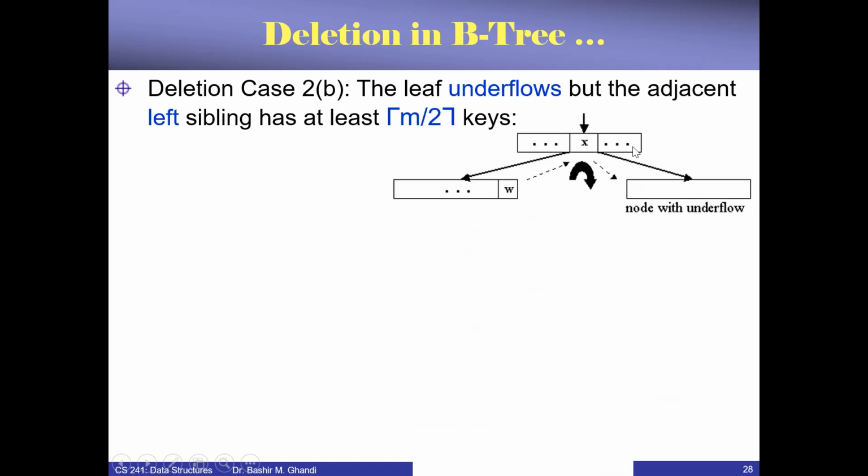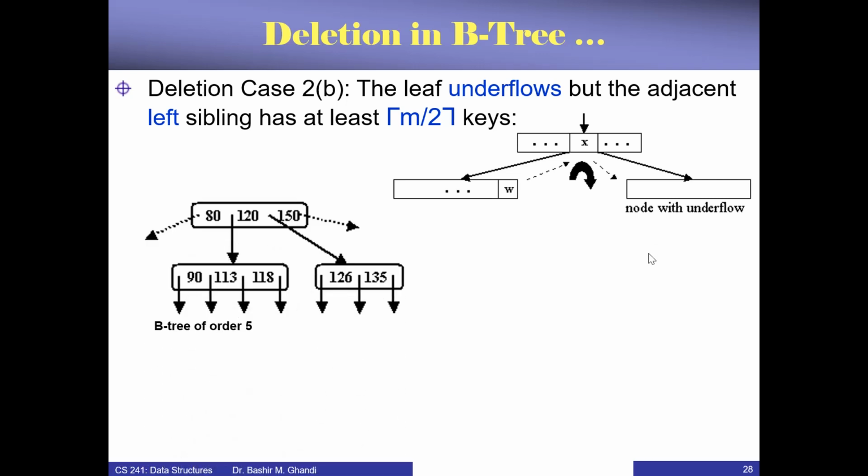In that case you do a very similar thing. We're going to borrow from the left sibling. This is the node that will underflow, so we're going to take the rightmost element this time because it is the predecessor to the parent. The predecessor to the parent will go and replace the parent, and the parent will join the node being deleted so that it will not underflow.